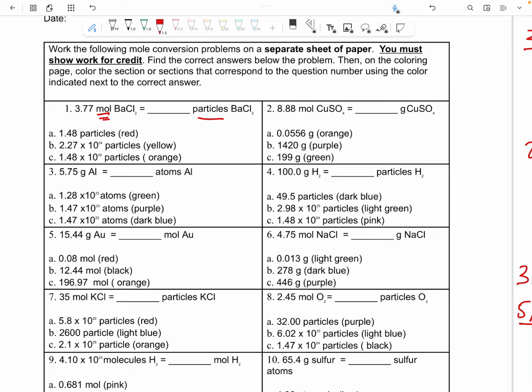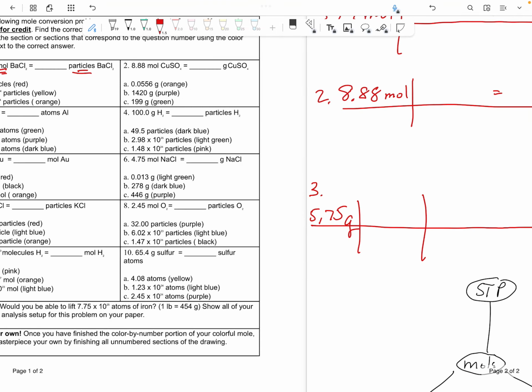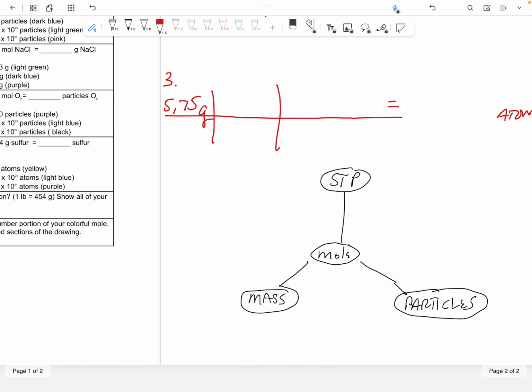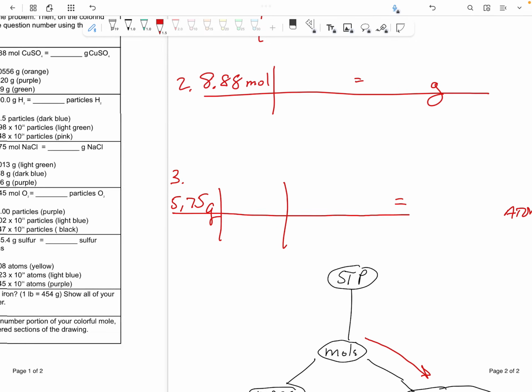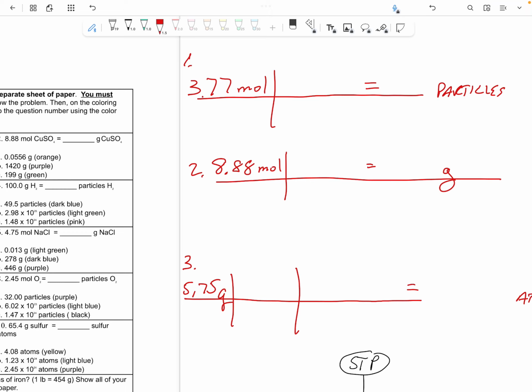So we're starting with the mole here, and we're ending with the particle right there. So if you look at your mole chart, we're starting with moles right here and going to particle right there. And so the conversion on your chart is real simple. It's going to be a multiplication problem.